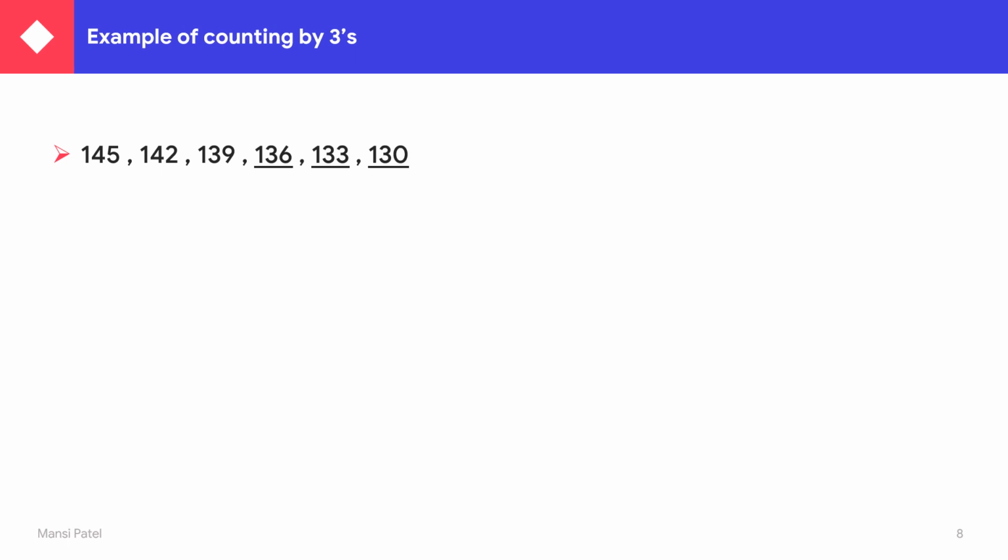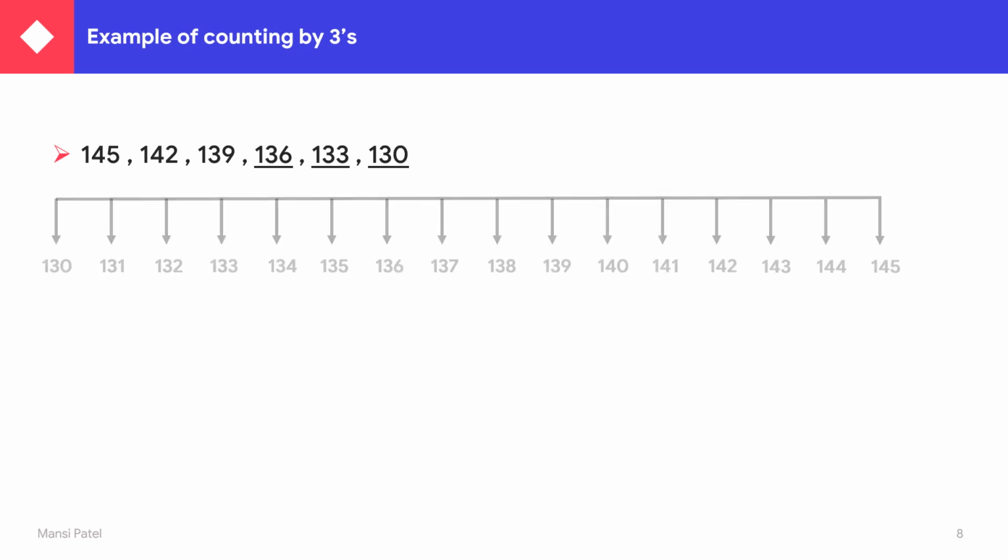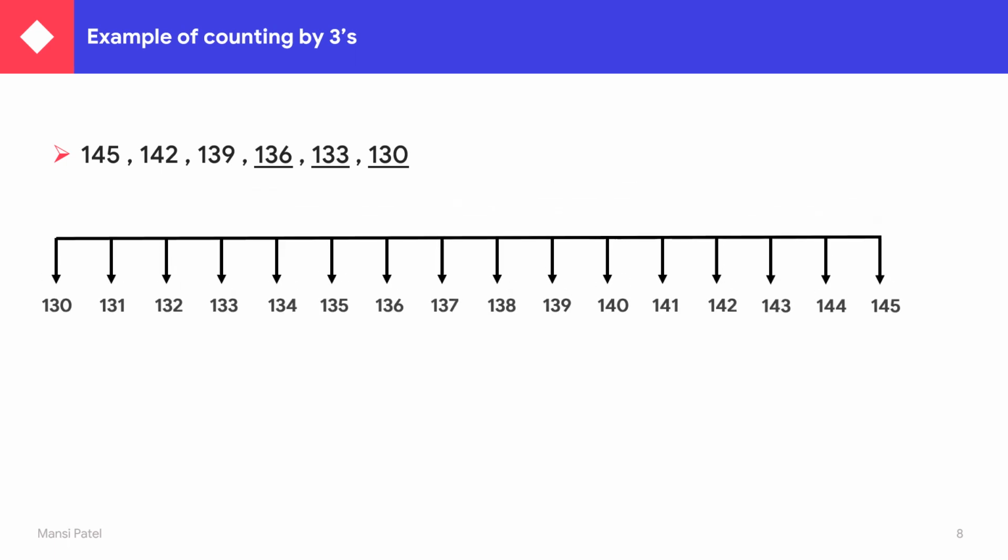So again, you have to subtract 3 from the ones place only. 9 minus 3 is 6. Other digits you have to put as they are. So your answer is 136. Then 136 minus 3 is 133. Then 133 minus 3 is 130.